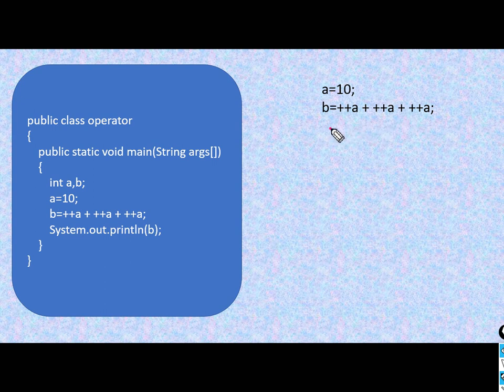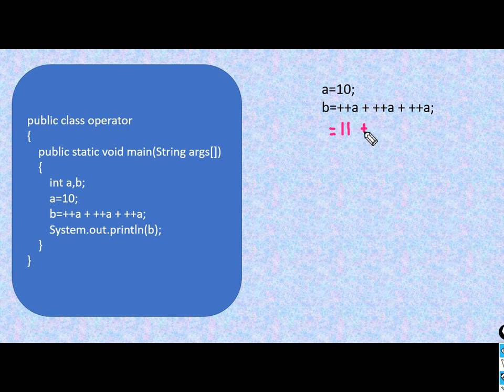So what will be the value of b? The first thing is ++a, meaning the value of a will be first incremented, as we just studied that in prefix notation the value of the variable will be incremented. So here it will be ++10, which will be equal to 11.